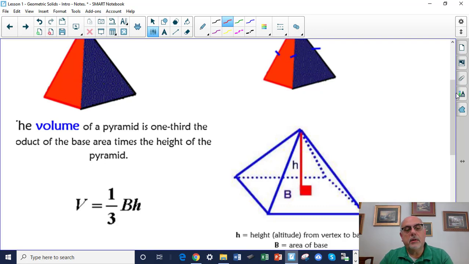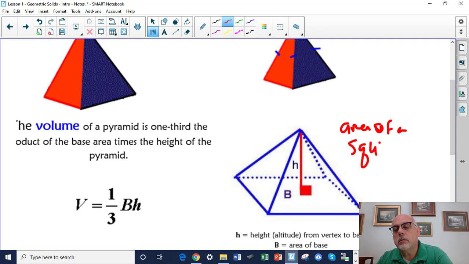So, area of a square equals side squared. Okay? So, 1/3 the area of the bottom, which is a square, times the height.